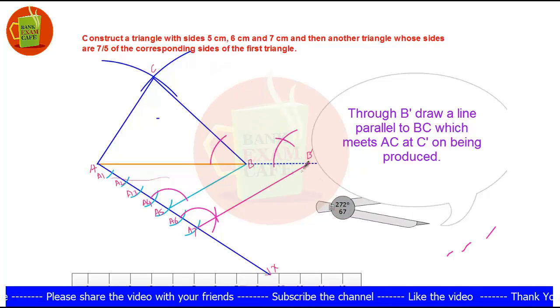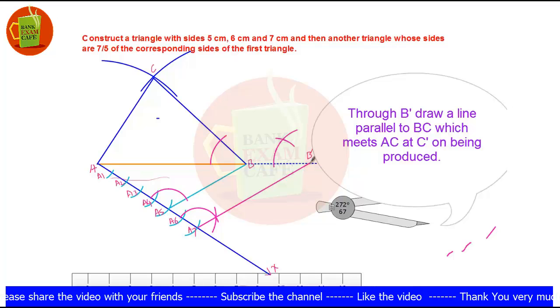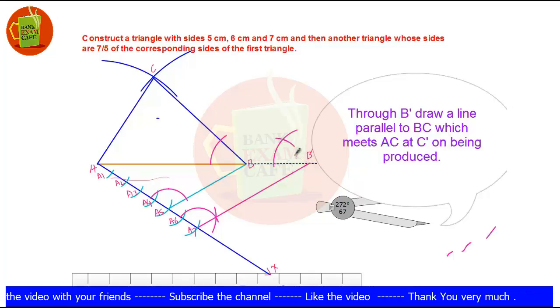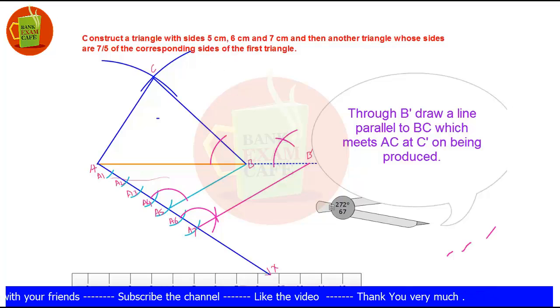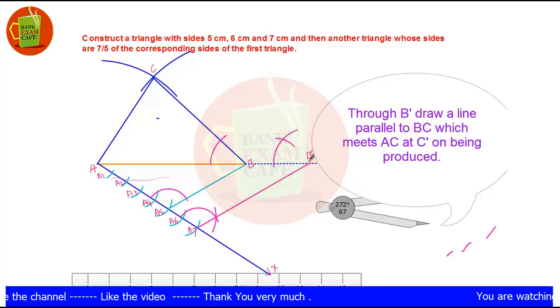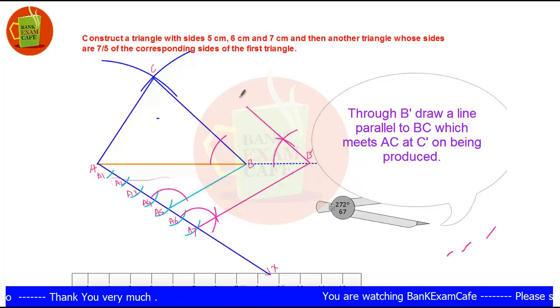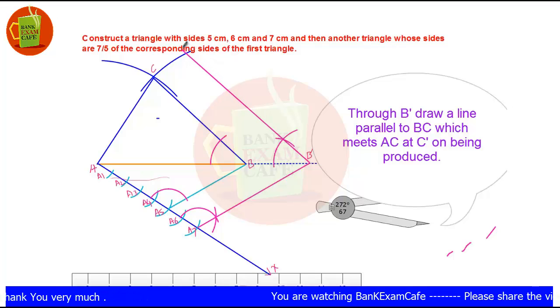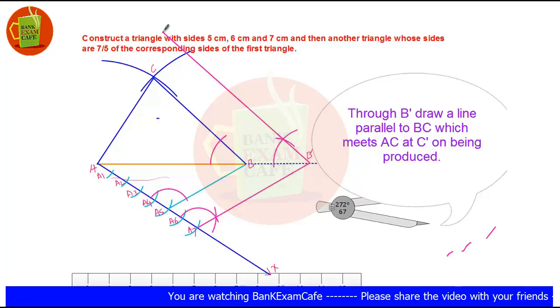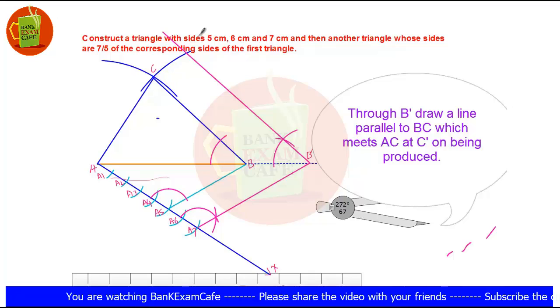Now from B dash, draw a line segment passing through this point of intersection. So from this B dash point, draw a line segment passing through this point of intersection and intersecting the line segment AC if produced.